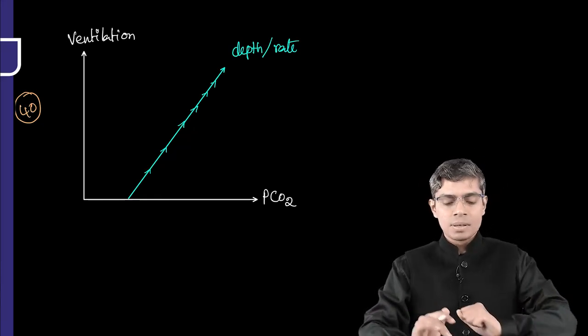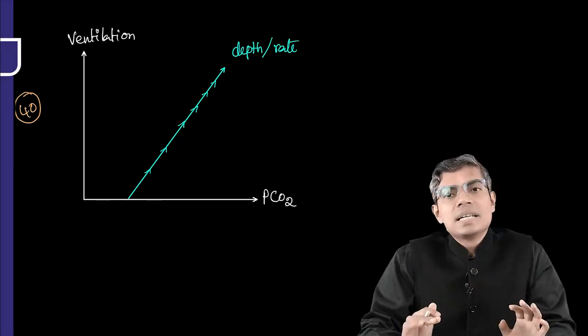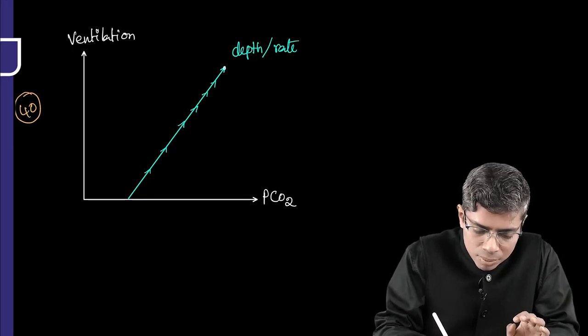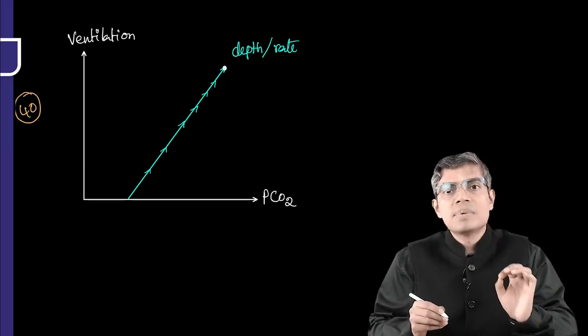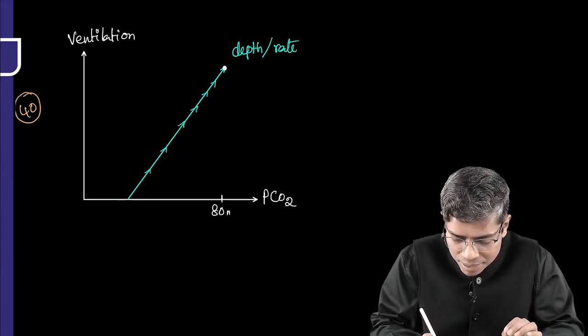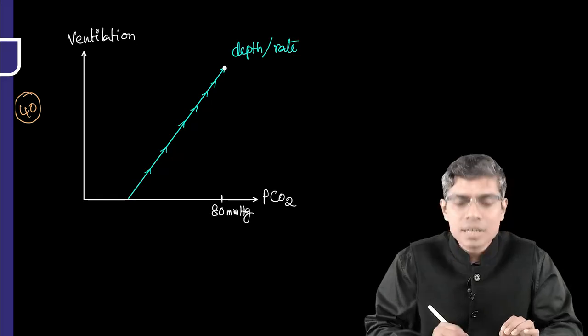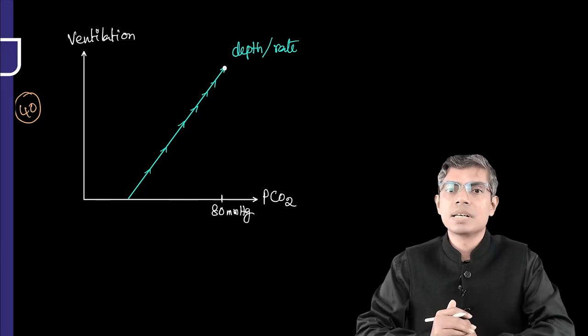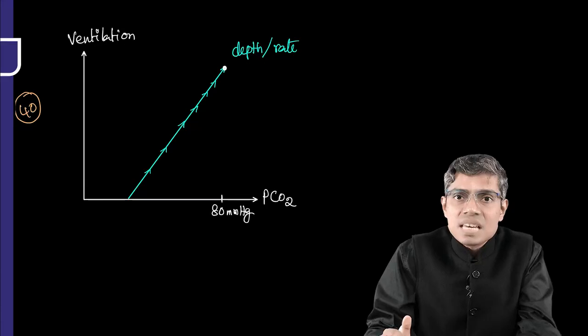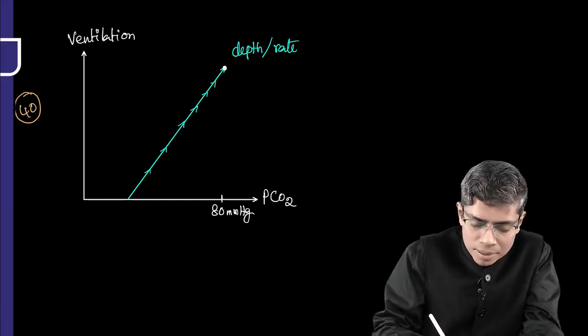But note down, this increase in ventilation will continue until you reach a carbon dioxide value of 80 millimeters of mercury. Up to this 80 millimeters of mercury, this increase in ventilation will continue whenever you increase the carbon dioxide. But whenever your partial pressure of carbon dioxide is beyond 80, what will happen?